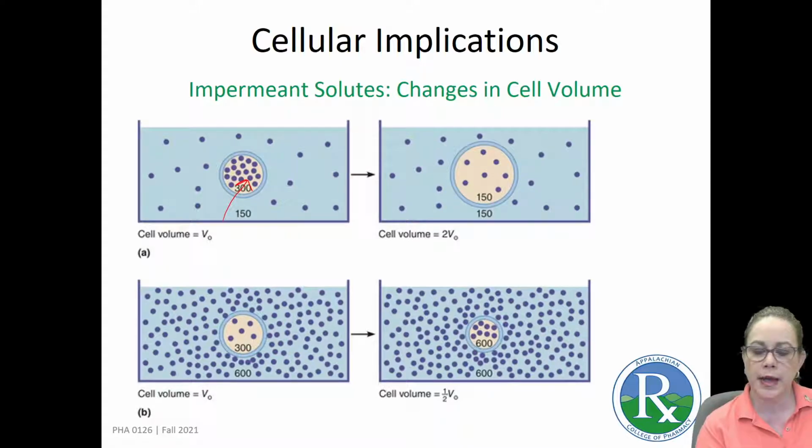What ends up happening is we're going to alter our cell volume. You can see the cell has now expanded its size in order to accommodate that water to give us an equilibrium concentration. In that scenario, we're going to end up with 150 milliosmolar both inside the cell and outside the cell.